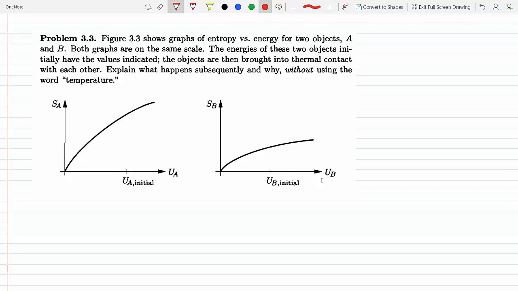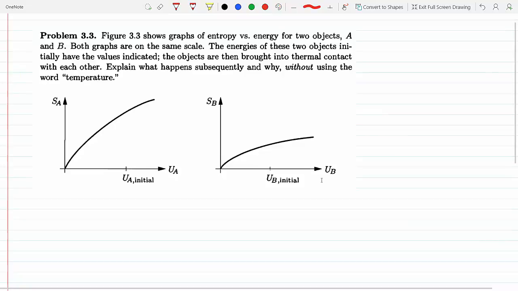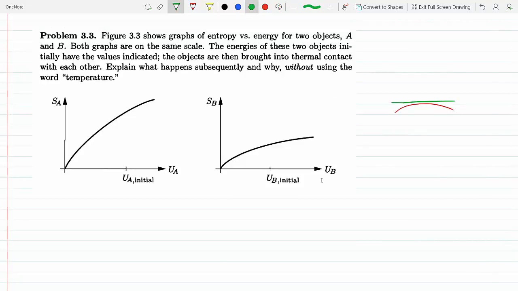In other words, when the sum of the slope of the tangent line, let's say here, becomes 0. And this happens when the sum of the changes of entropy with respect to energy, for both objects, dS_A over dU_A plus dS_B over dU_B, has to equal 0.